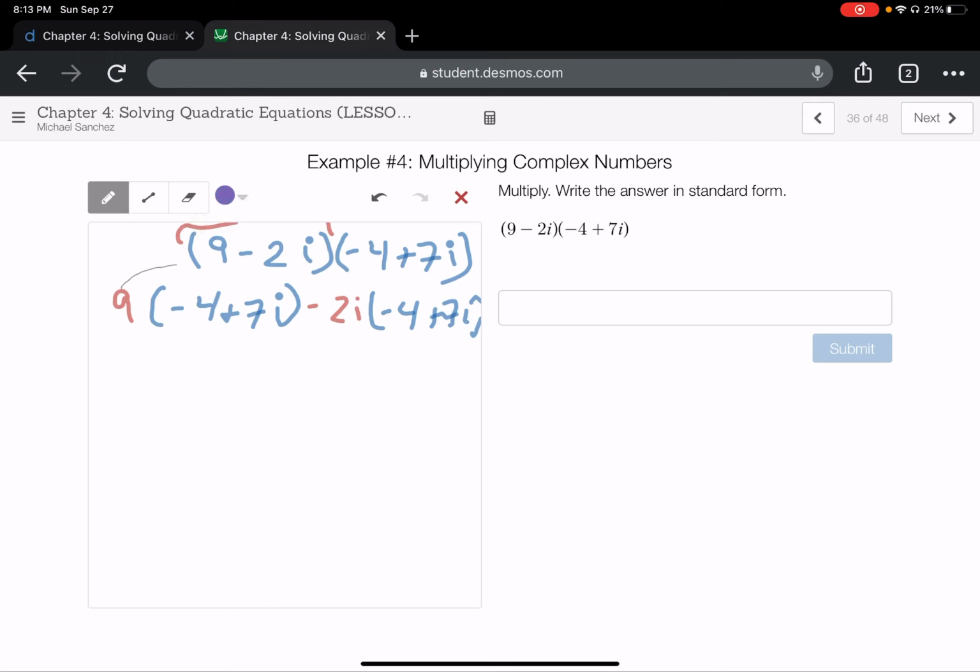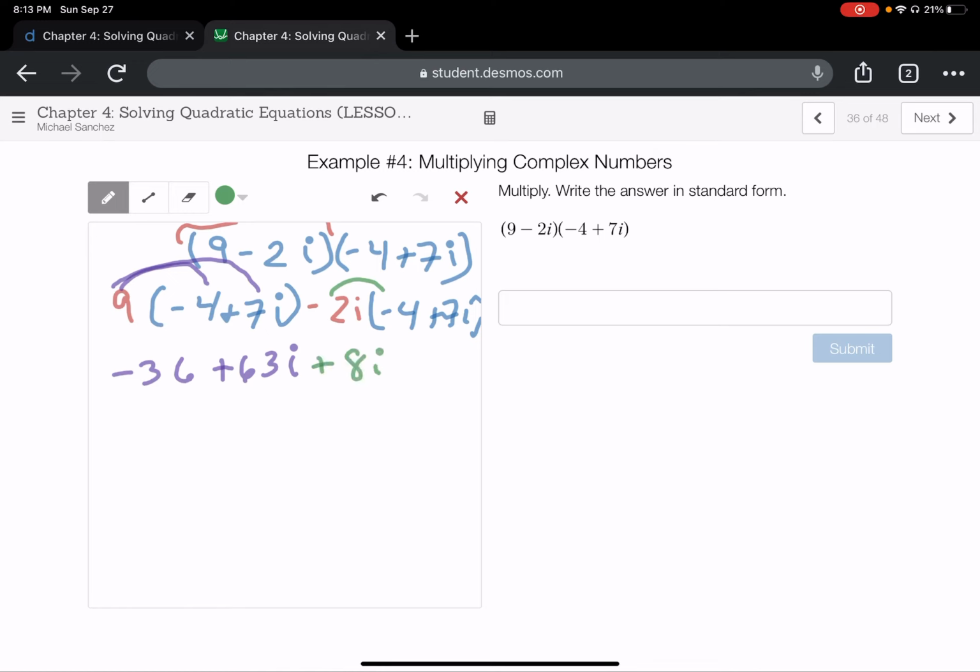So then I'm going to get 9 times -4, that's -36. 9 times 7i, just multiply the numbers and keep the i, so that's 63i. Then negative 2i times negative 4. Negative times a negative is a positive 8i.